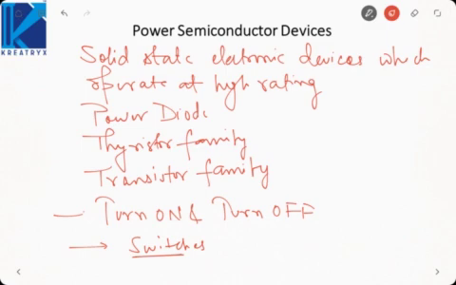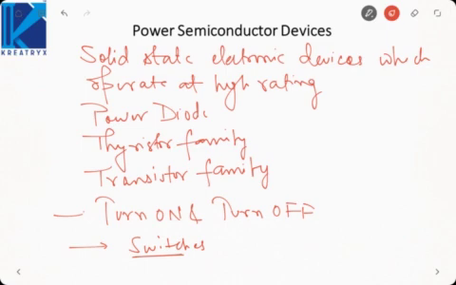Like in a BJT, when you study, there are three regions of operation: cutoff, active and saturation. In active mode it acts as an amplifier, and in the other two modes, cutoff and saturation, it acts as a switch. In saturation it is in the on state, in cutoff it is in the off state. Similarly here, all power electronic devices will be designed to operate as switches.